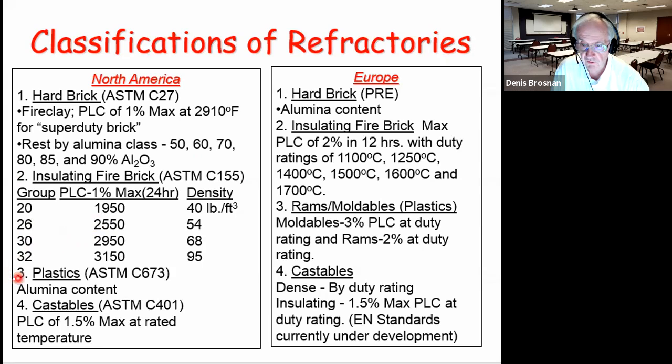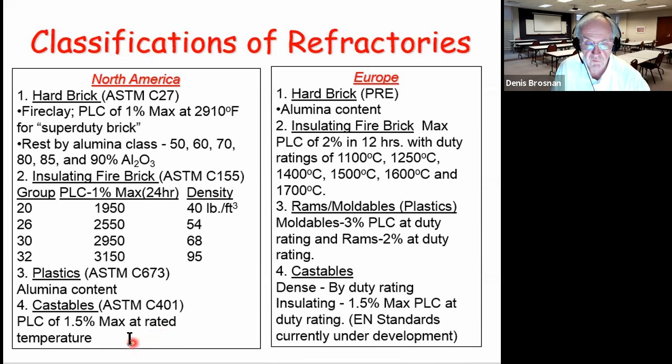Plastic refractories, sometimes these are called moldables. Moldables, they can be shaped. They're not used so much in ceramic plants, but they are used in other industries quite a lot, and they have the advantage of being able to use fairly quickly, where castables, when they are applied, must be allowed to set. The cement is sensitive to temperature and cleanliness of the water, for example.